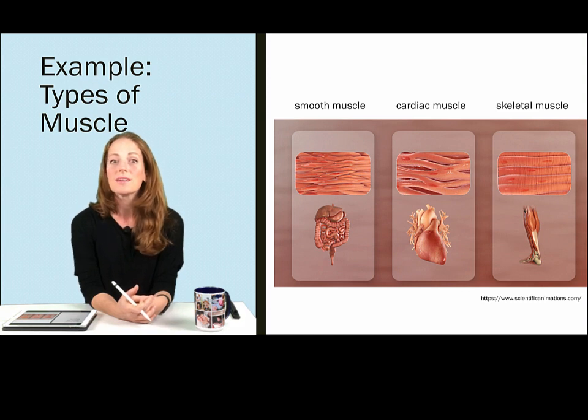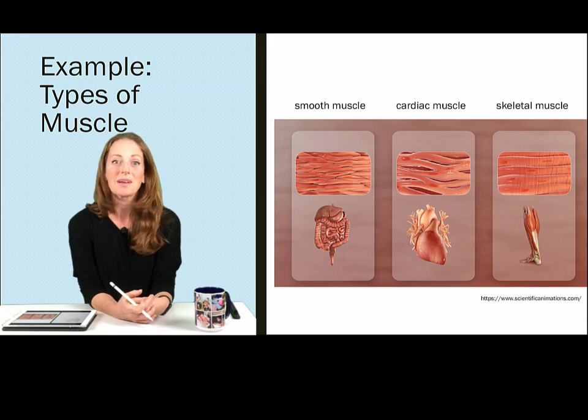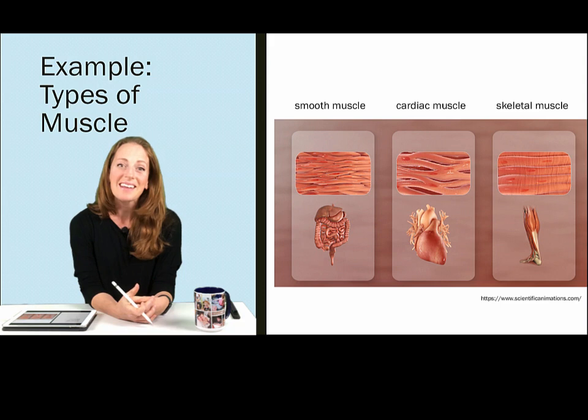Overall, groups of skeletal muscle cells come together to create skeletal muscle, which is like an organ. Groups of cardiac muscle come together to create the layer of muscle within the organ that is the heart. Of course, there are other layers of tissues in the heart, for example, connective tissues as well.